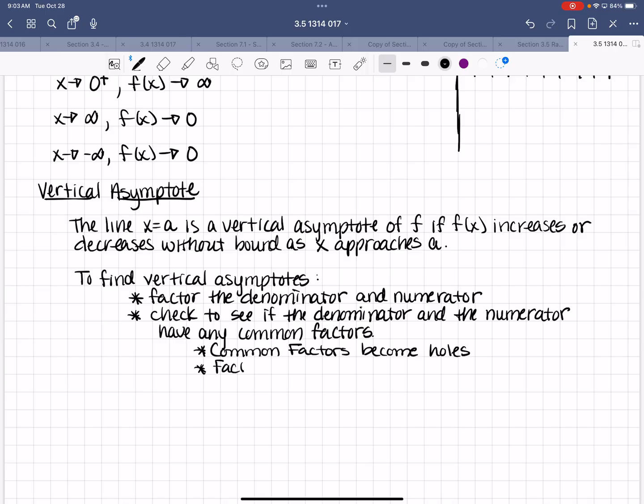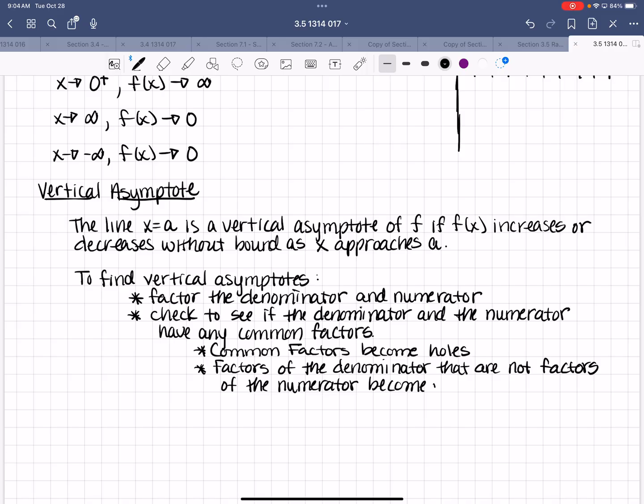Then factors of the denominator that are not factors of the numerator become vertical asymptotes.